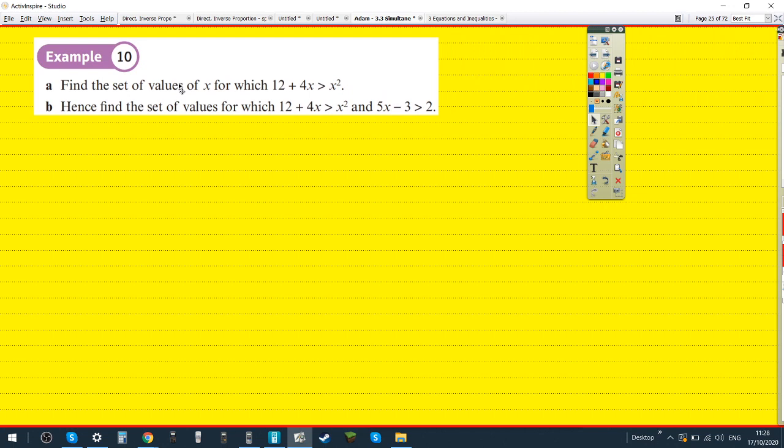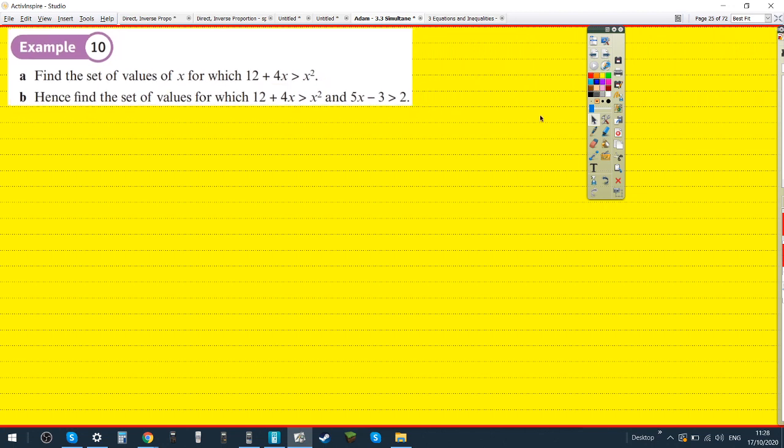Find the set of values of this. Okay, let's try this. Which one, A or B? Both. So they're both connected. Okay, so we want to make the top one not equal to 0, but you want 0 on the right of it.